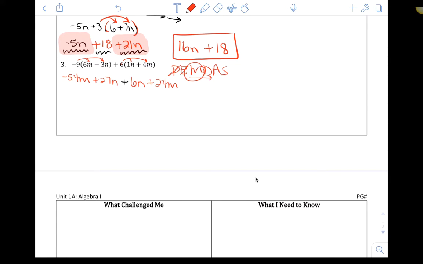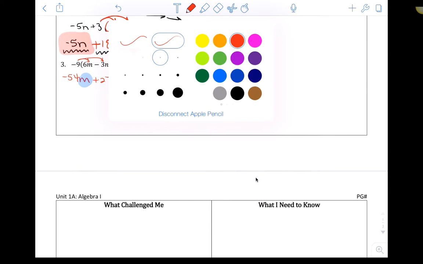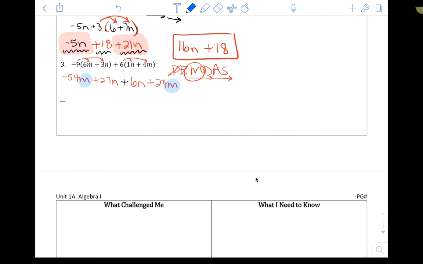Now I've taken care of all of my multiplication and division, so now I'll take care of adding or subtracting. I want to look for things that have the same variable. So if it's helpful, if this is an m, I want to highlight all my m's. So if I've got negative 54 on one side and 24 on the far right side, if I were to combine those, that would create negative 30m.